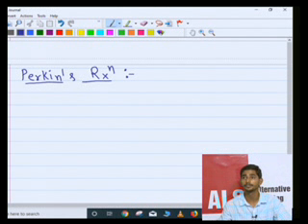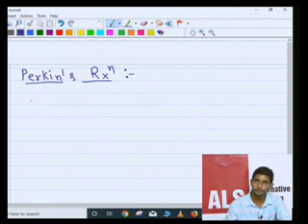Guys, again, the Perkin reaction is very important for your entrance examination, NEET point of view. Obviously, you should remember the product, what the product is, and you should also know how this product will be formed.